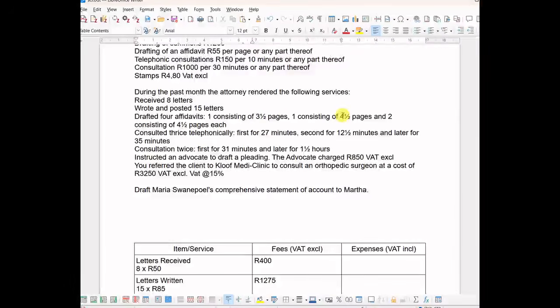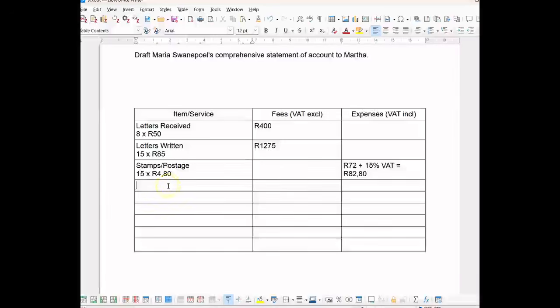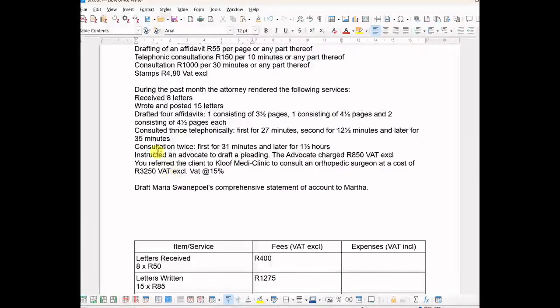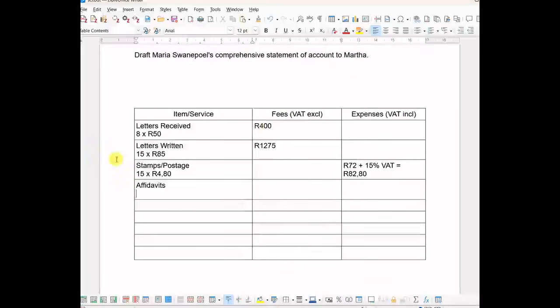Next on our list is we drafted 4 affidavits: 3.5 pages, 4.5 pages, and another 4.5 pages. So let's make a new line item, affidavits. So let's see now. What was the first affidavit? There's one that was 3.5 pages.